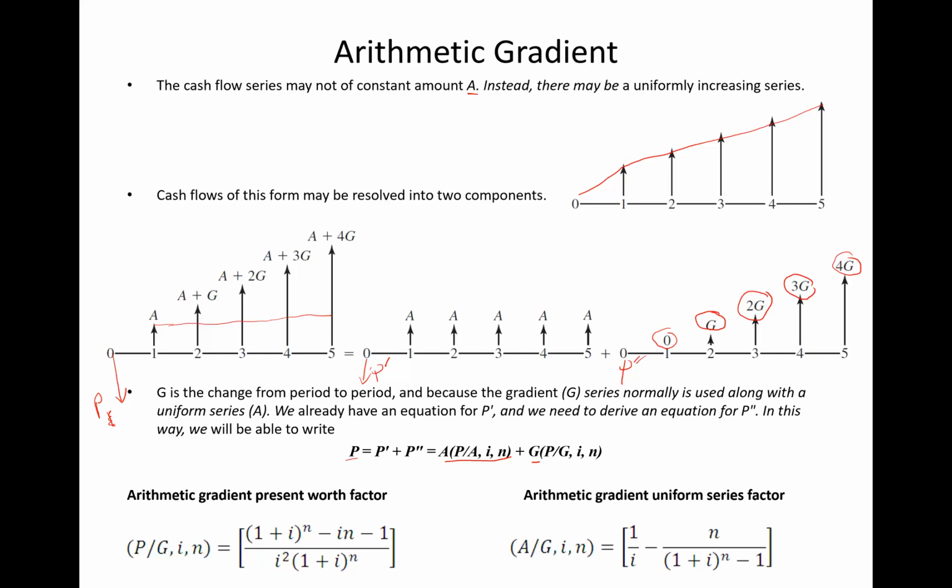So we can calculate from the gradient a uniform series, or we can calculate a present value. If we are looking for the future value, we can convert from this factor to a future value.